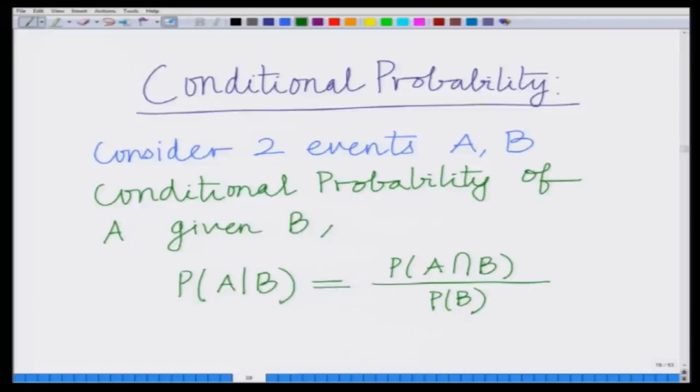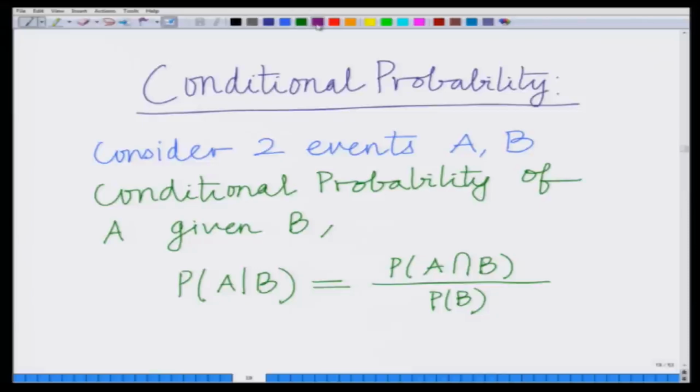That is, let us say someone has told you that the event B has occurred, then how does that affect the probability of occurrence of A? This is termed the conditional probability, denoted by the probability of A conditioned on the event B, which is equal to the probability of A intersection B divided by the probability of B.